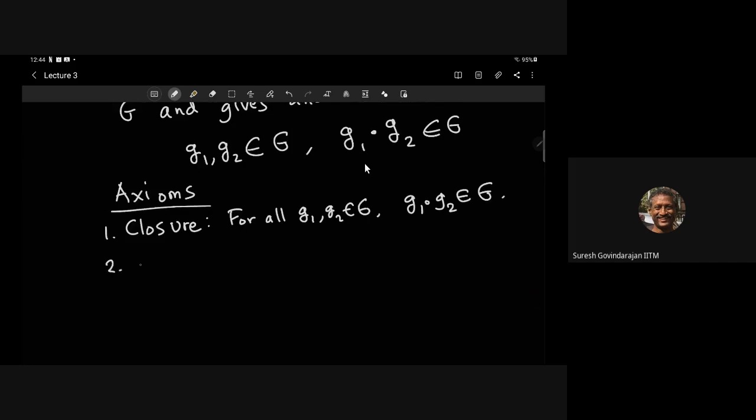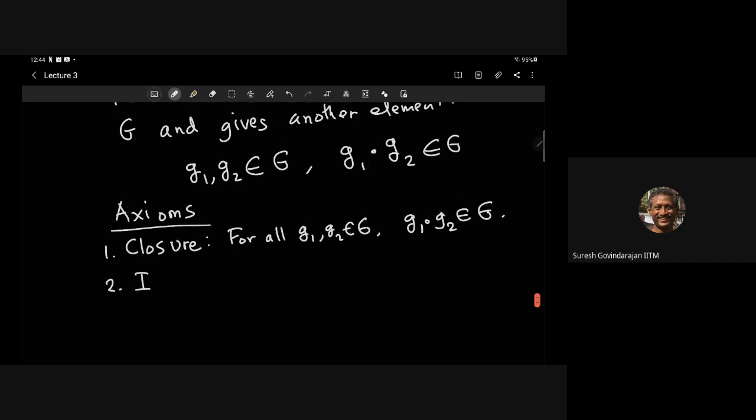Okay. Then there is something called an identity element. Before that we should write associativity.